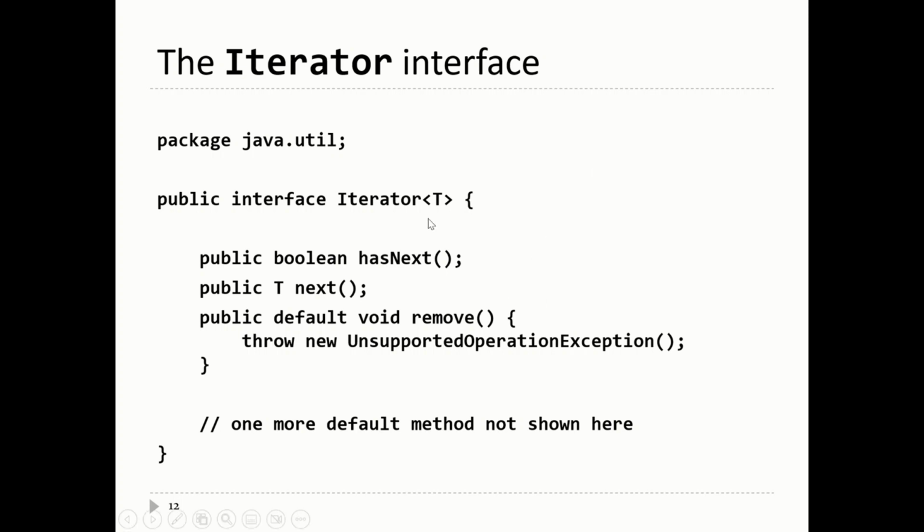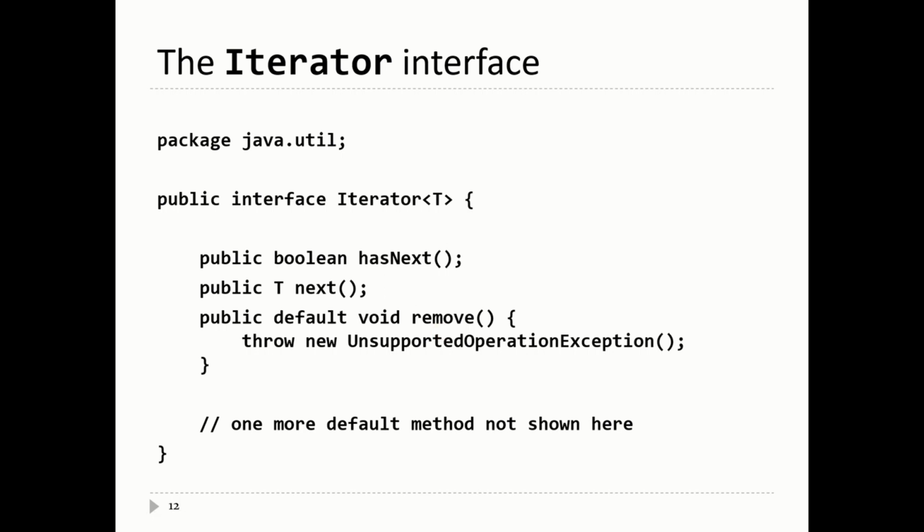Also recall what the iterator interface looks like. It has a hasNext method, which returns true if there's another value to iterate over in the sequence. Next gives you the next value in the sequence. And we didn't look at the remove method before. When we implemented range, we didn't bother with remove because it doesn't make sense to remove a value from a range.